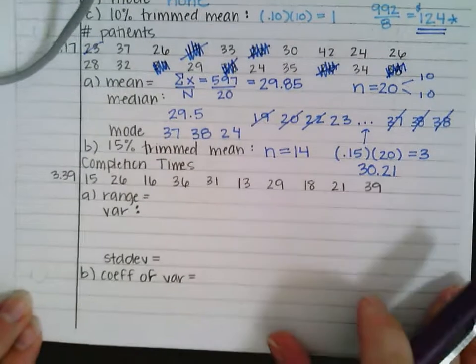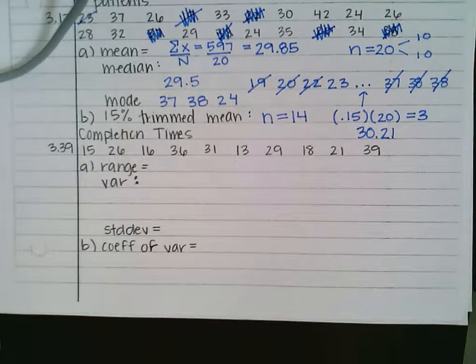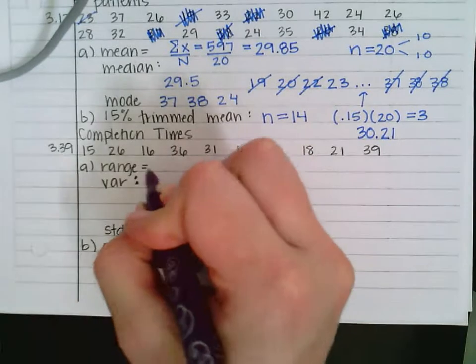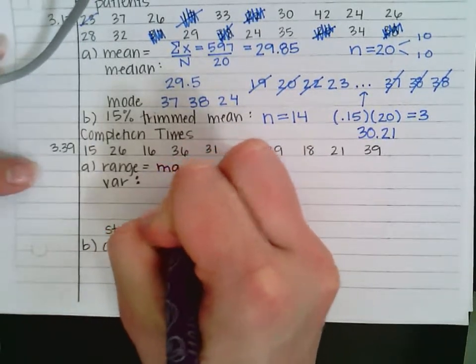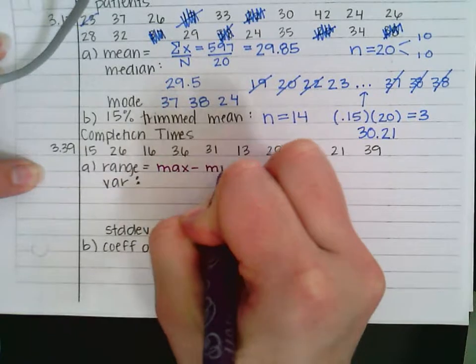All right, let's look at a couple more questions here. Now, this black box magic that's happening doesn't give you all the data that you need, especially in this next piece here. So range is maximum minus minimum.